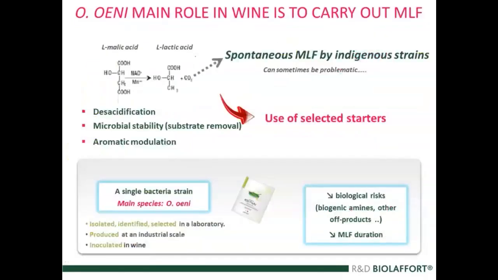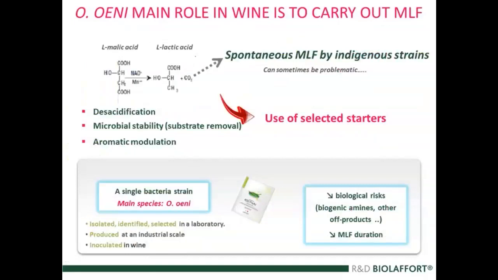One of the main roles of Oenococcus oeni in wine is to carry out malolactic fermentation. I talked about sugars, but usually in wine there are no longer sugars, and sugar degradation is not an activity the winemakers look for, considering Oenococcus oeni in wine.